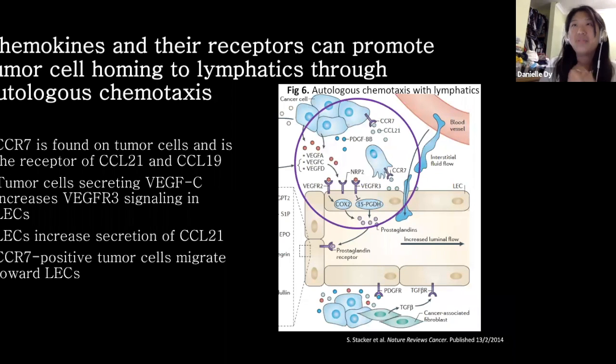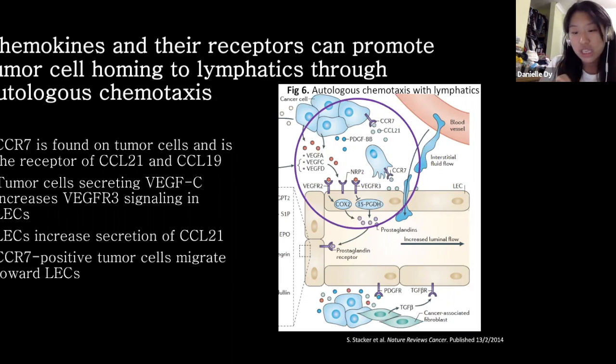So if we think of it in terms of a metaphor, you can think of the lymphatic system itself as a highway, and you have several cells that are traveling along it. One classification of them is antigen presenting cells, or APCs, that act as the vehicles that travel along them. And then these other molecules that are your chemokines work as your navigators, or your Google Maps or whatever.